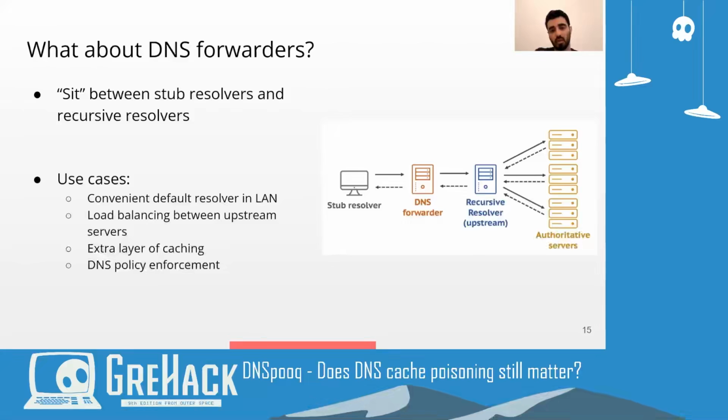If this is a large network, and one machine resolves some domain, example.com, and another machine tries to resolve the same domain, the second query will be answered from the DNS forwarder cache, and the query wouldn't need to go to the recursive resolver and travel the internet. And also it is useful in scenarios where there's a need for content filtering or a captive portal, for example.